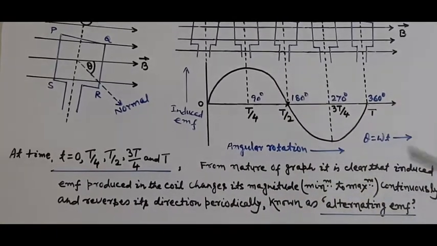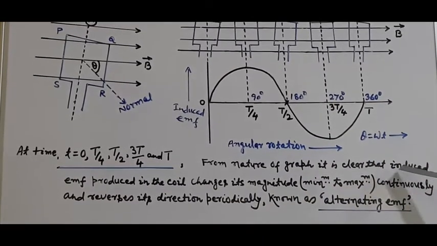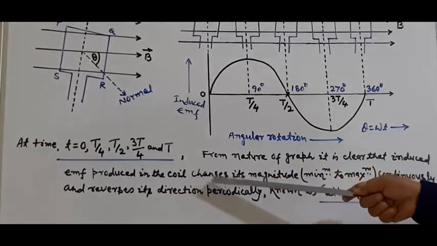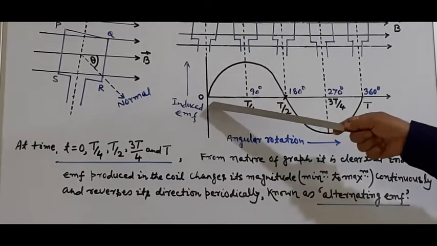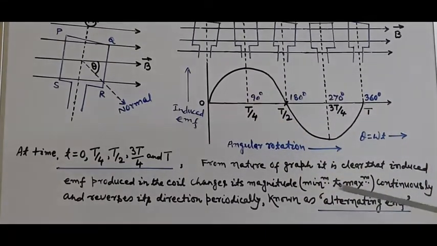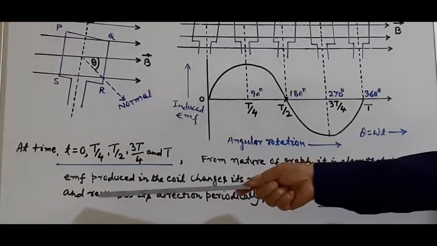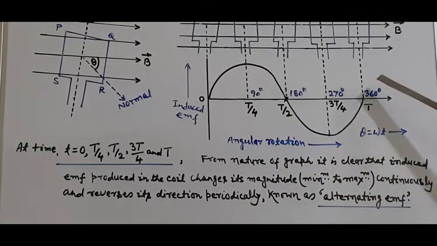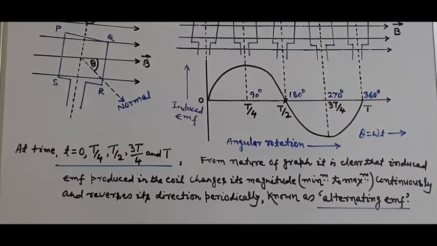So when we study this graph, it is quite clear that the induced EMF produced in the coil changes its magnitude from minimum to maximum continuously, and reverses its direction periodically. That's why it is called the alternating EMF.